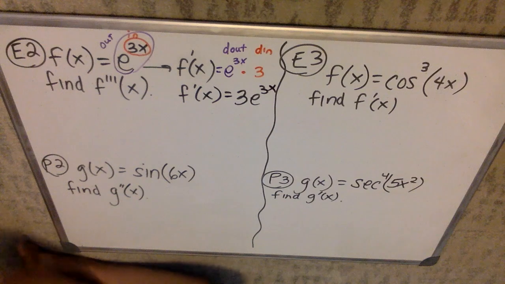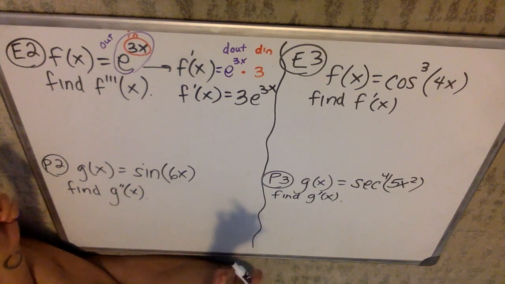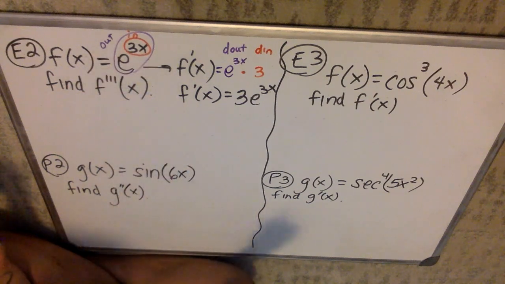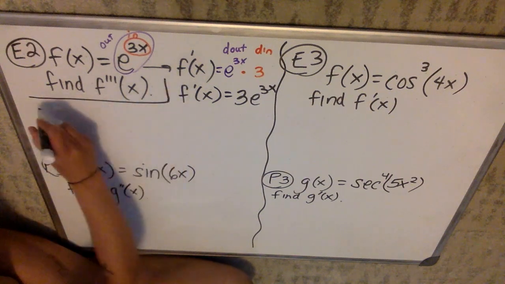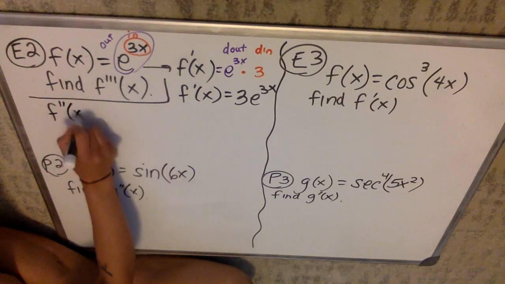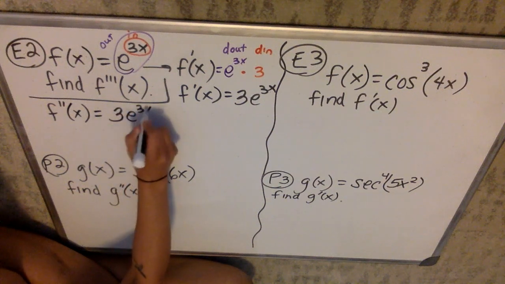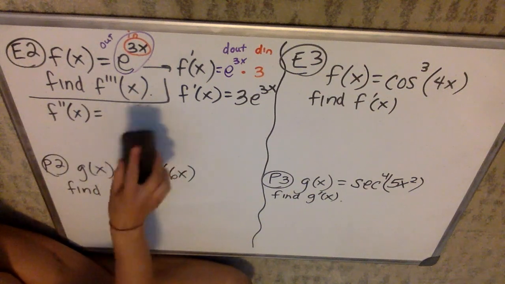So when I differentiate the next time, exactly the same thing happens, because my f prime is basically this exact same function, but with a 3 sitting in front of it. So my f double prime of x is going to be, well, now there's a 3 e to the 3x. Actually, let me do my color coding for you. I still have a chain rule.